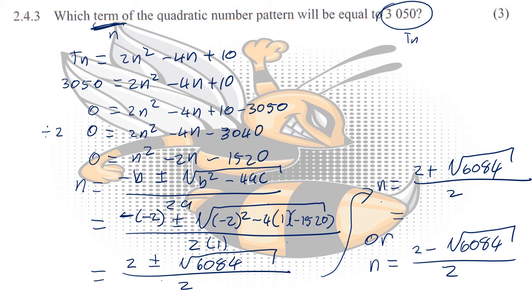If we finish this for the positive part, it gives me that n is 40, and for the bottom one it gives me that n is minus 38. Since we're working with term numbers, our term numbers are never negative, so n equals 40 will be our answer, and the negative 38 is not applicable.